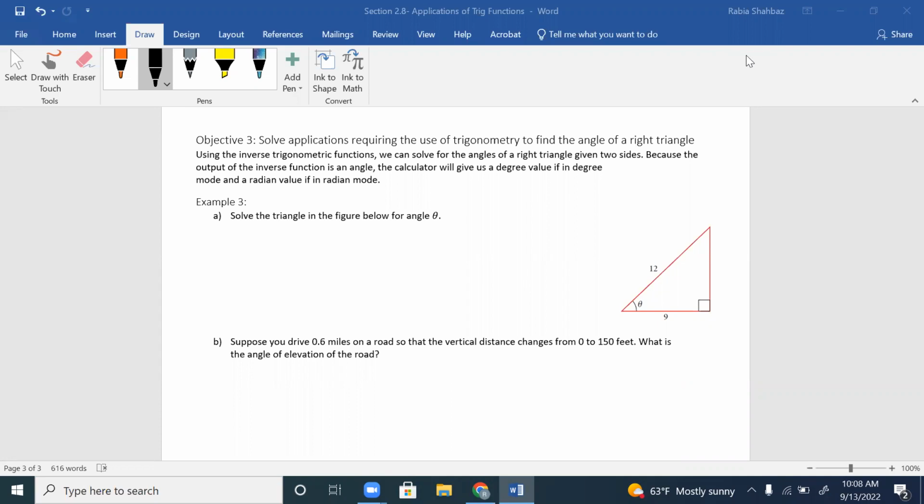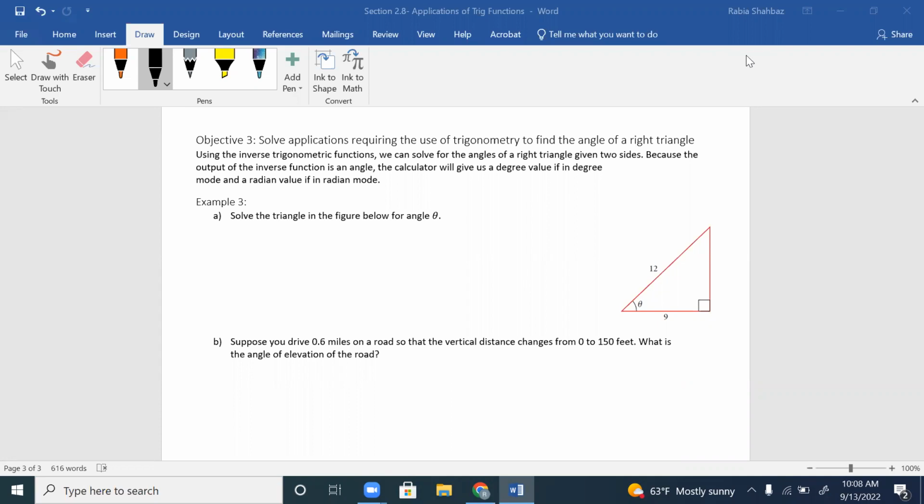Previously, we saw how in real life, we can use trigonometry to measure lengths that are not possible to measure by hand or manually. For example, the height of a really tall tower.